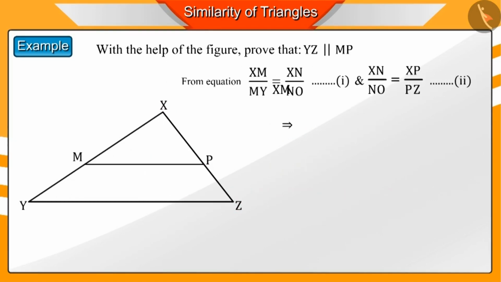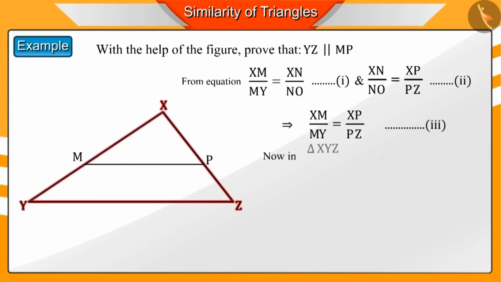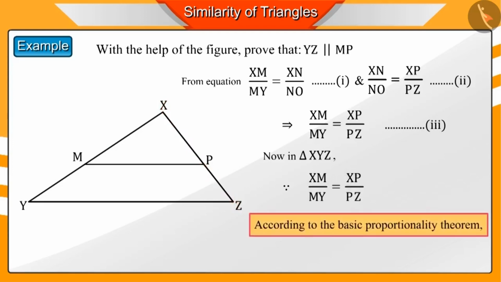From equation 1 and 2, we get XM by MY equals XP by PZ, which we represent by equation 3. Now if we look at triangle XYZ, with the help of equation 3, we can say that the line MP divides the sides XY and XZ in the same ratio. Hence, according to the converse of basic proportionality theorem, we can say lines MP and YZ are parallel to each other.